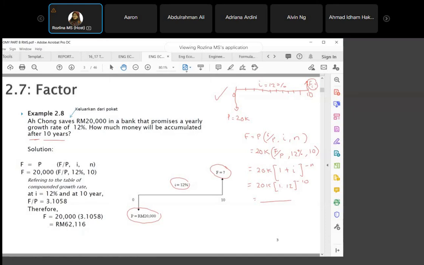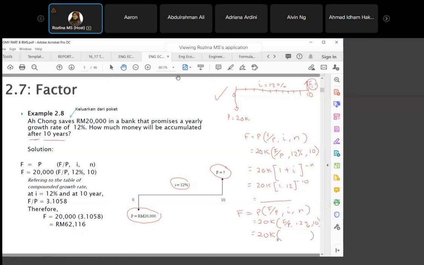Okay, if you use the table, so F equal to P, F over P, I, N. So P is 20K, F over P, 12%, 10 years, the same thing, but you go straight to the 20K. Okay, look up F over P 12% 10.